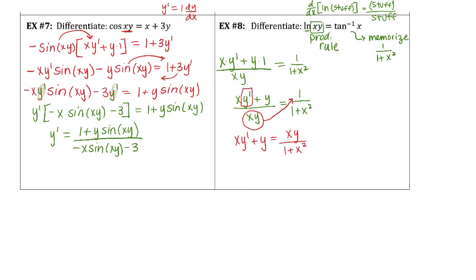All right, and then we're going to, dear goodness, subtract y over. So we're going to have, the bottom of the page, we have xy prime equals xy over 1 plus x squared minus y. That's going to be this subtracted over.